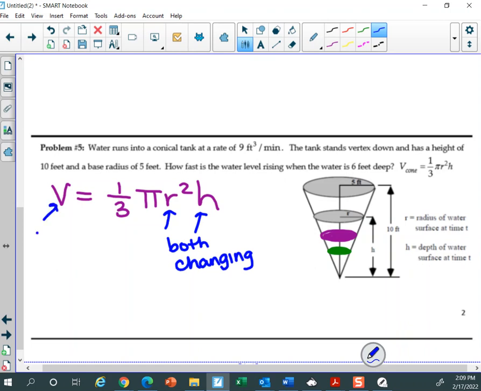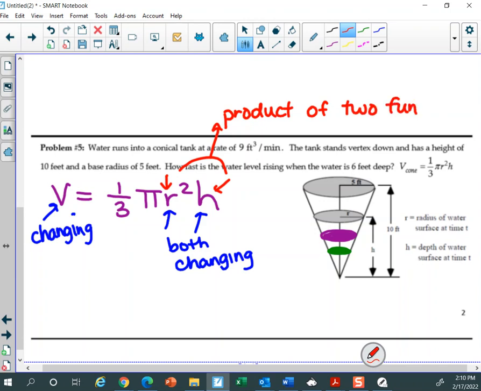And because this is changing too, everything's changing. I put more water in, the height of the water in the cone changes, the radius of the circular surface of the water, the overall volume of the water, everything's changing. These are all functions of time. So that and that is in fact the product of two functions.